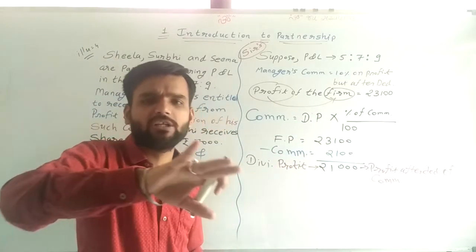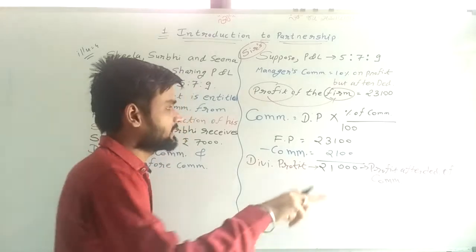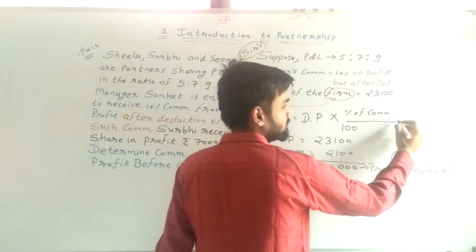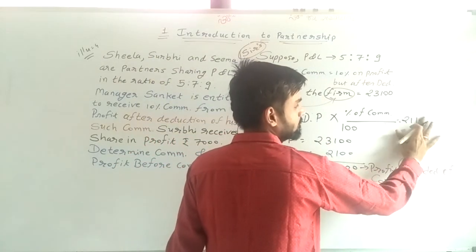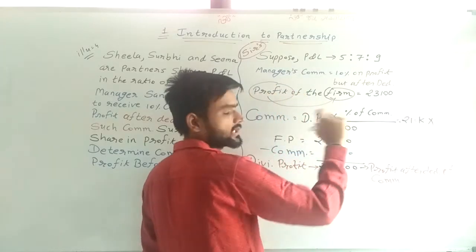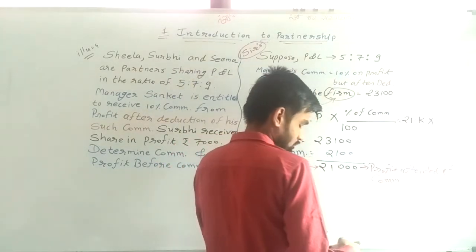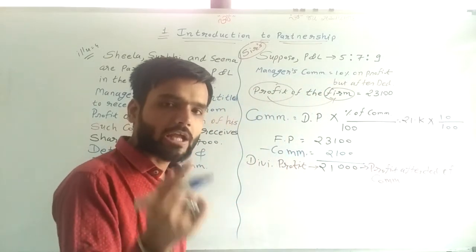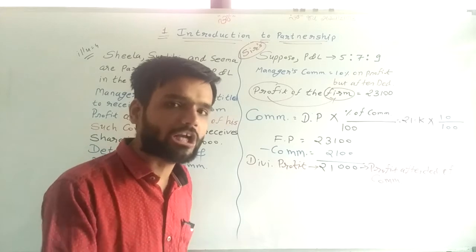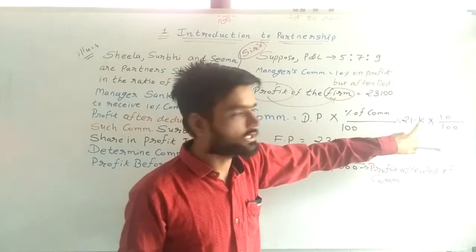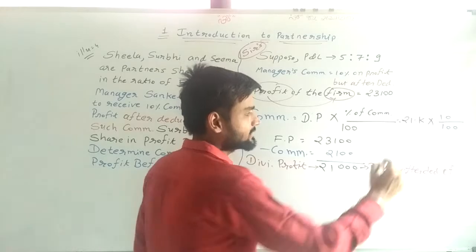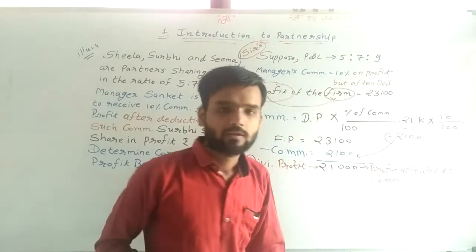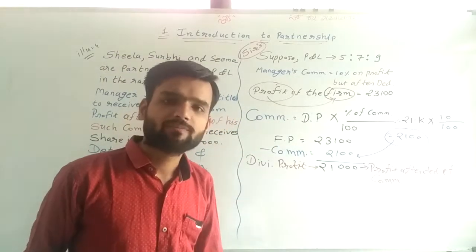We don't need to add the percentage of commission. The divisible profit is 21,000 rupees. So 21,000 into percentage of commission 10, divided by 100 only, we are not adding the percentage of commission in the denominator. So 21,000 into 10 divided by 100. The answer is 2,100. That is the value of commission.